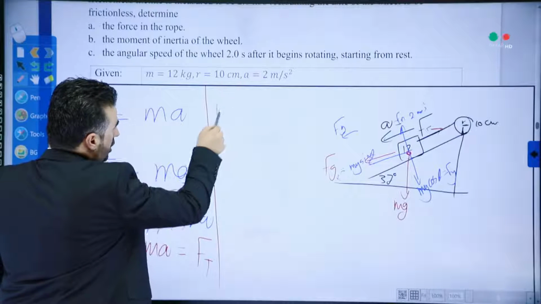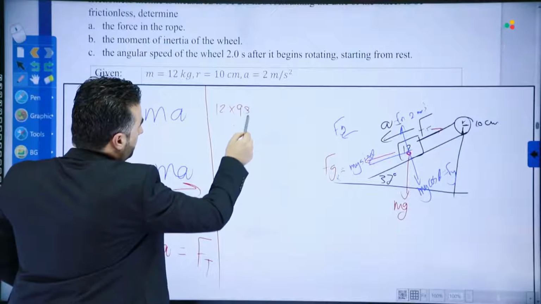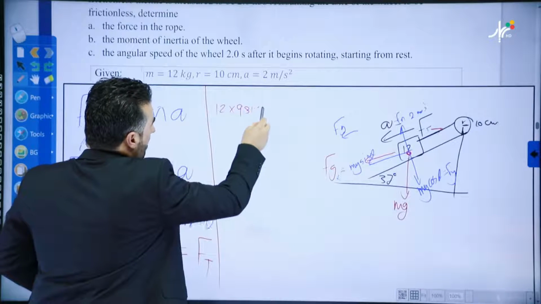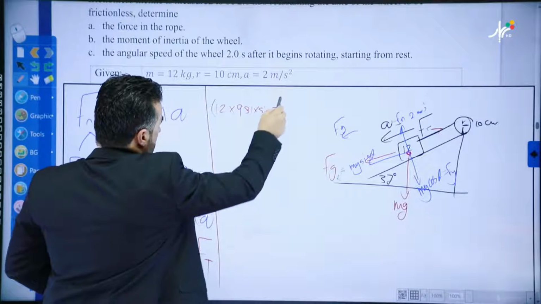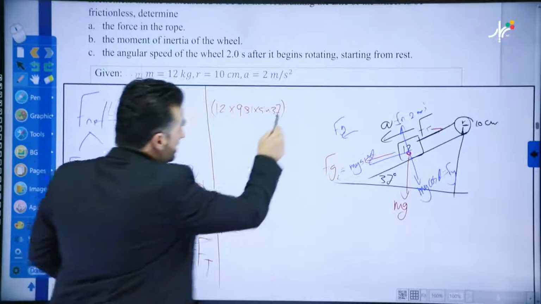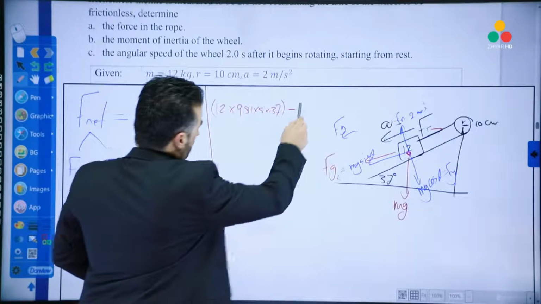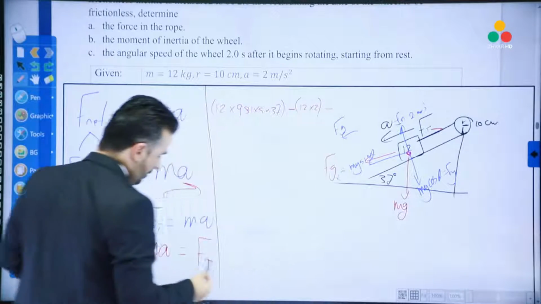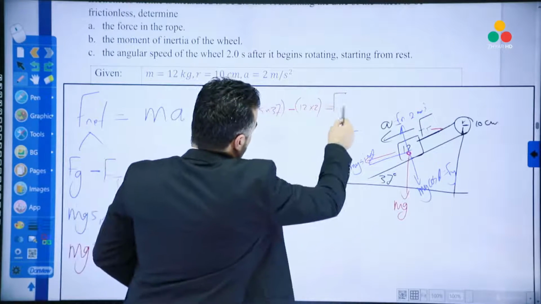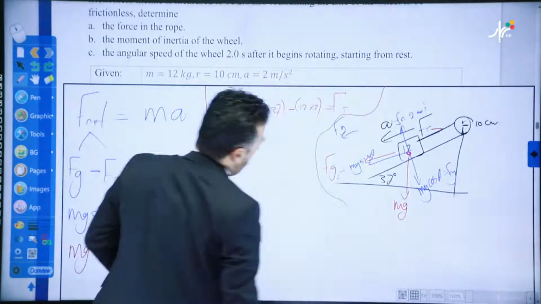So we have 12 times 9.81, multiplied by sine 37. These are all Fg, don't forget. Minus mass times the acceleration. Again, the mass is 12, the acceleration is 2. All this equals F tangent, the tangential force.